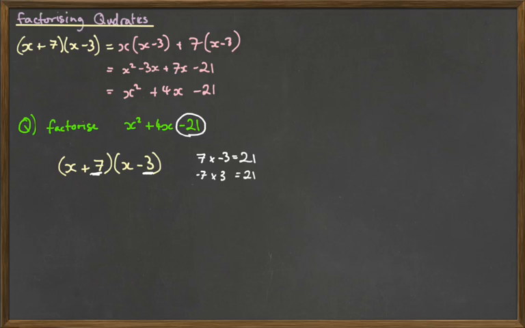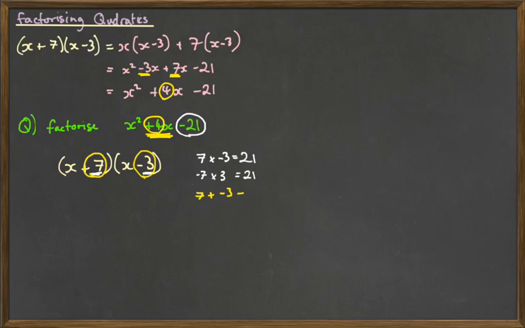Okay, now looking at this 4x, this came from adding minus 3 and 7. When I added those two terms, I got 4. So when I added 7 and minus 3, I got 4. Now imagine that we didn't know it was 7 and minus 3. We could look at the two options, 7 and minus 3 or minus 7 and 3, and compare.